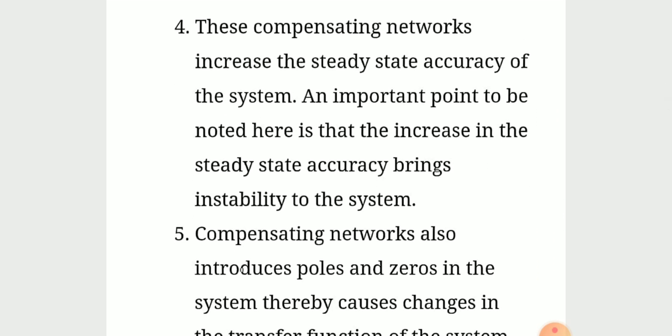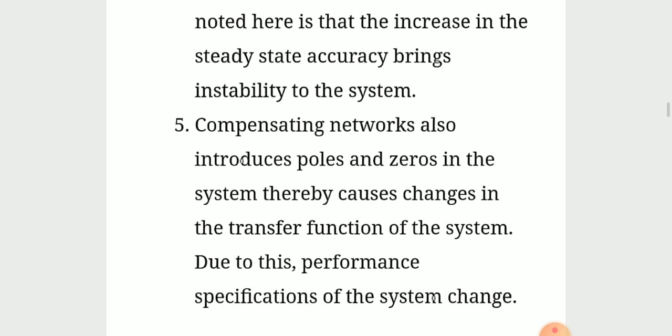The compensating network increases the steady state accuracy, but by increasing the steady state accuracy it can decrease the stability. It also increases the instability of the system, so this is the disadvantage.